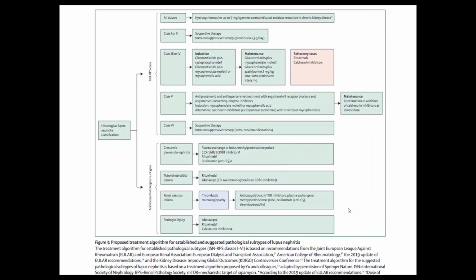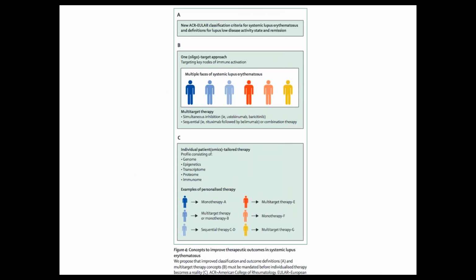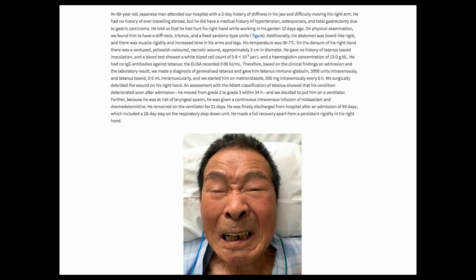Rituximab is also represented in various agents that can be given to these patients. So there are a whole variety of treatment options that should improve the outcomes of these patients so that we don't have them on dialysis.